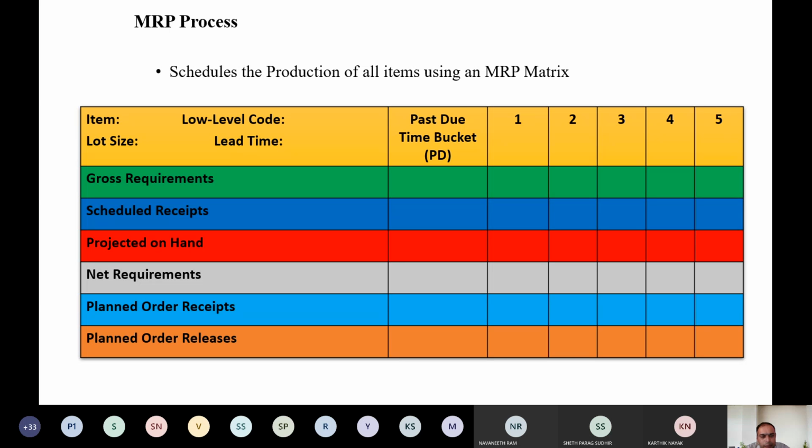Okay, simple. Next, planned order receipt. Planned order receipt is going to tell you when you actually need that component.